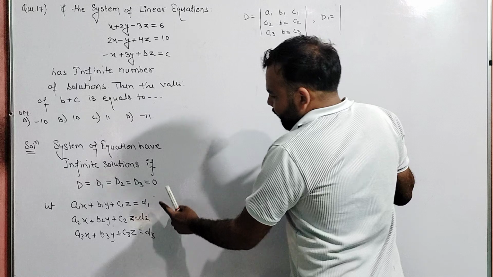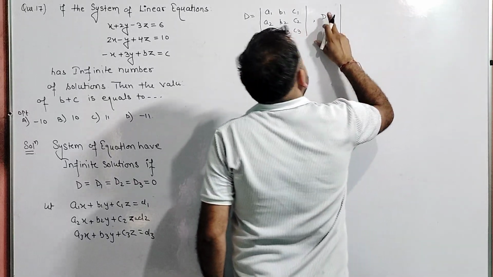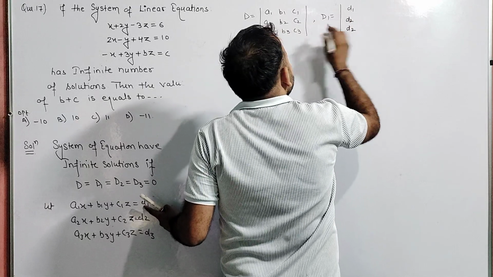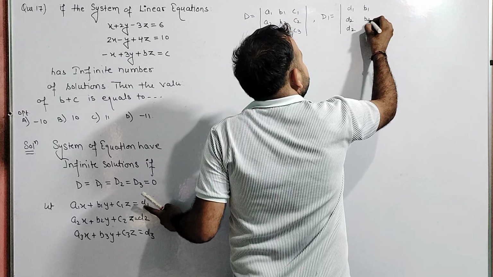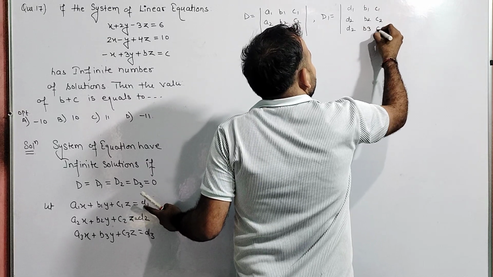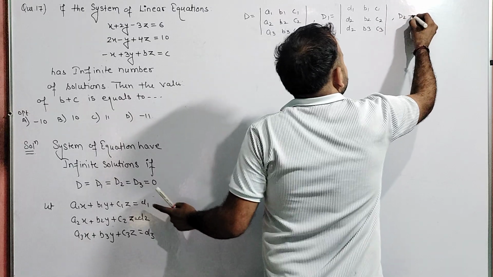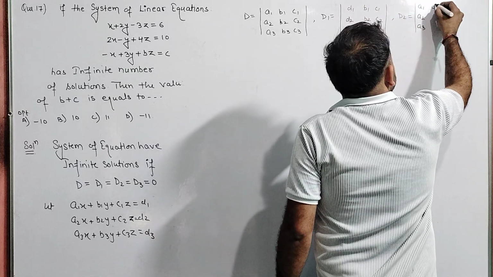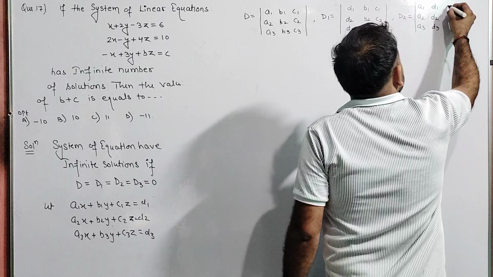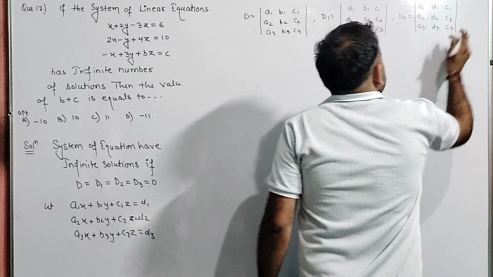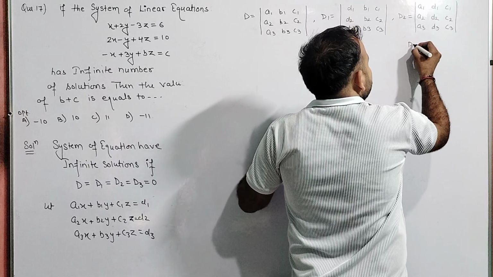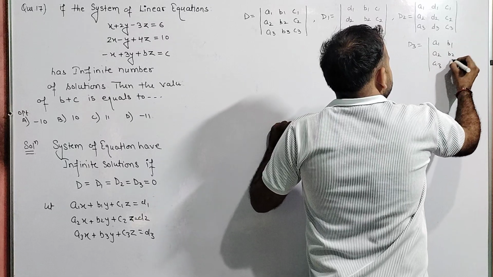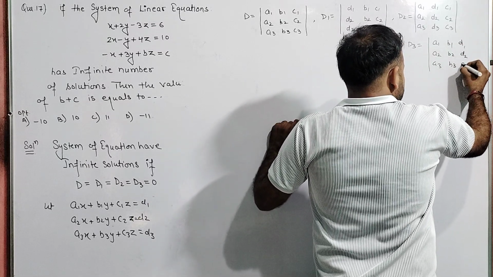D1 represents Dx, we can say. The first row is d1, d2 and d3 and the remaining two rows are the same, b1, b2, b3, c1, c2, c3. Similarly, D2 is a1, a2, a3, second row replaced by the constants d1, d2, d3, c1, c2 and c3. Similarly, student, D3 is a1, a2, a3, b1, b2, b3 and d1, d2, d3.